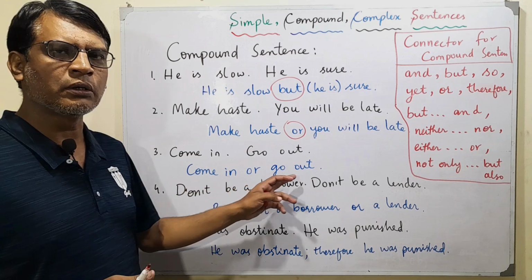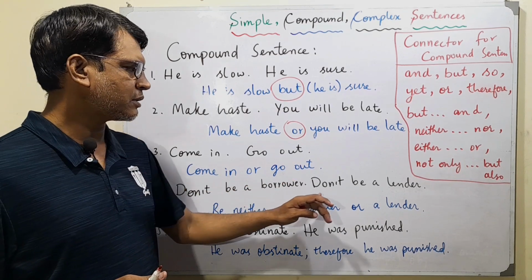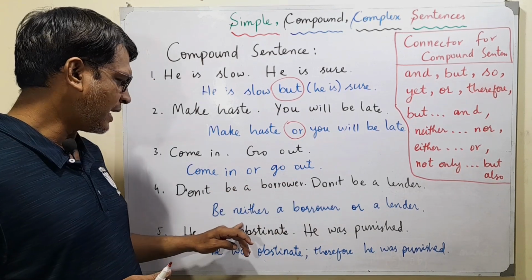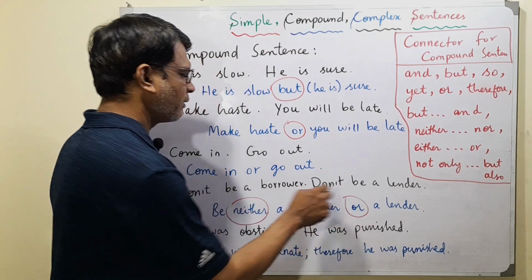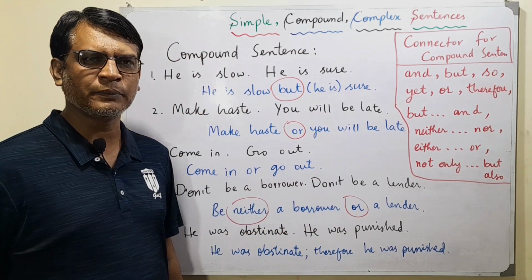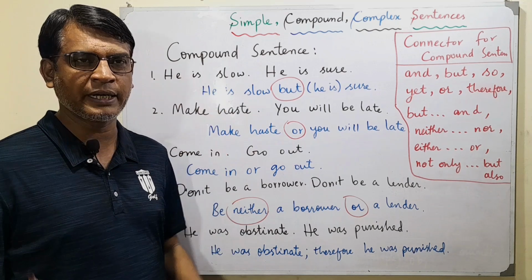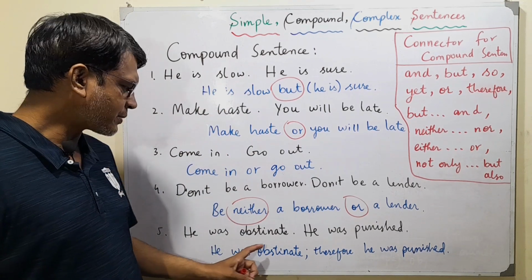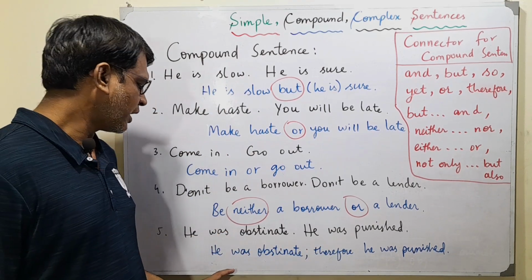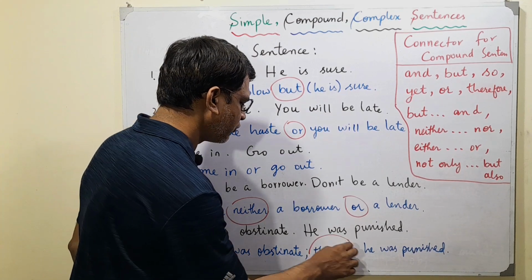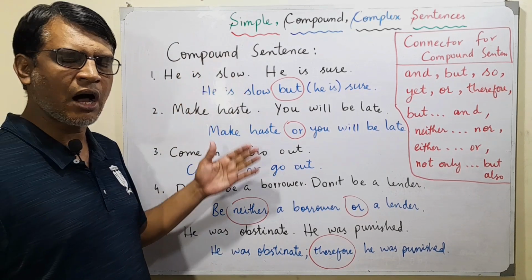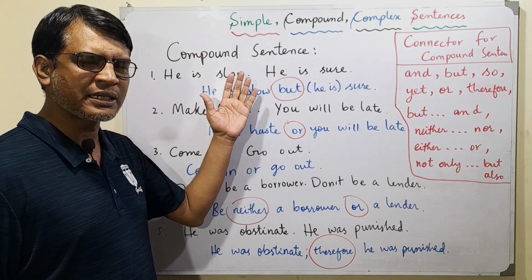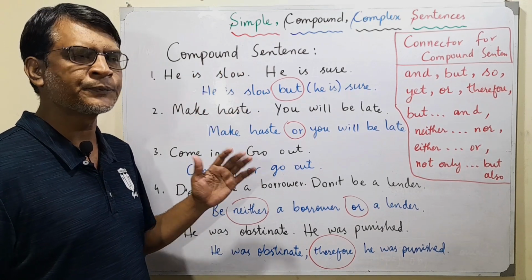Come in or go out. Don't be a borrower. Don't be a lender. Be neither a borrower nor a lender. This sentence is actually from William Shakespeare's play Hamlet. He was obstinate, he was punished. He was obstinate, therefore he was punished. So this is how we make simple sentences into a compound sentence.